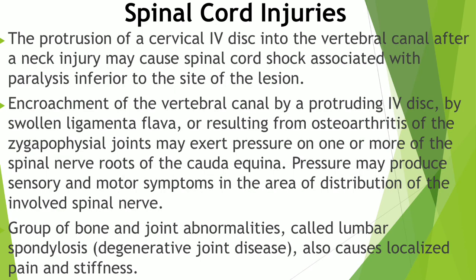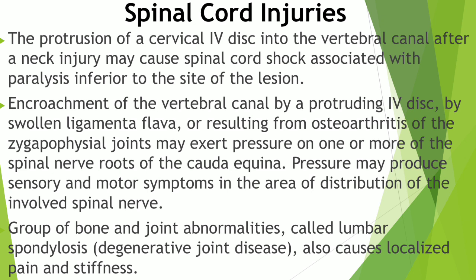There is a group of bone and joint abnormalities called lumbar spondylolysis, a degenerative joint disease, and this makes part of the vertebra wear off and degenerate, as if the vertebral body is separated from the arch, and you could have localized pain and stiffness resulting, because once the intervertebral foramen is affected, the spinal nerves are irritated, you must have pain.